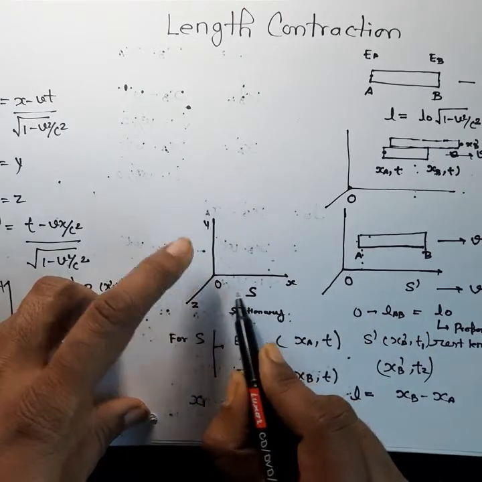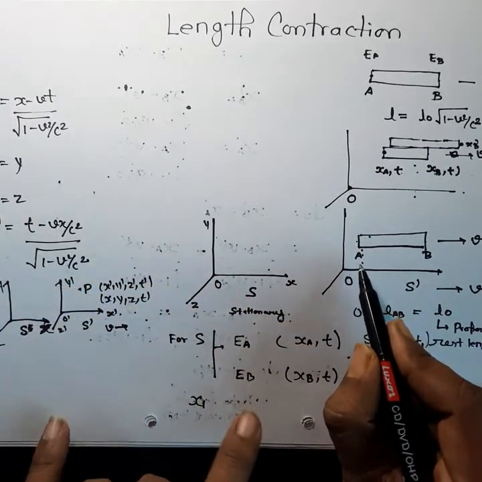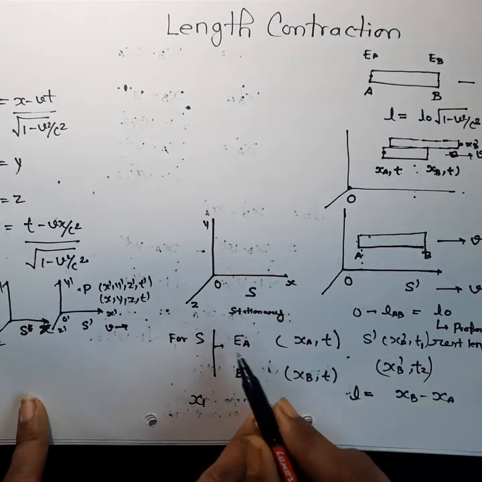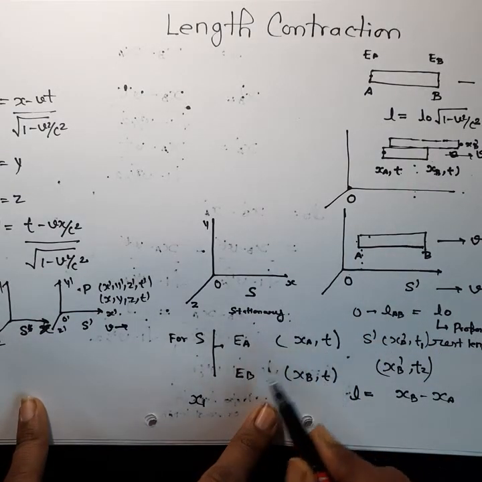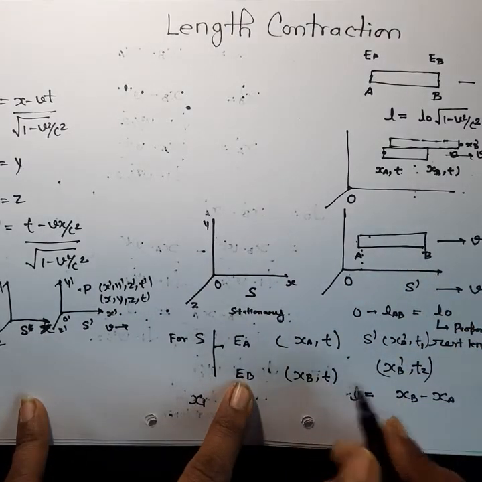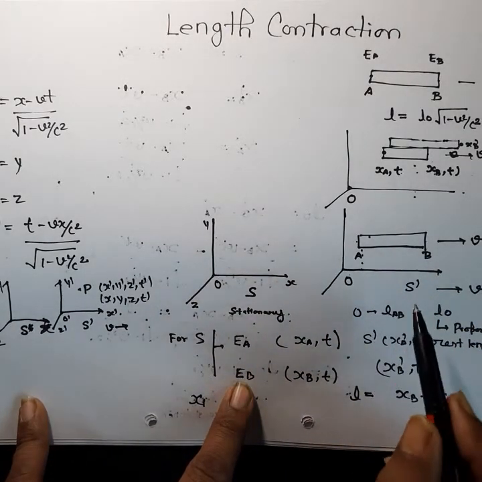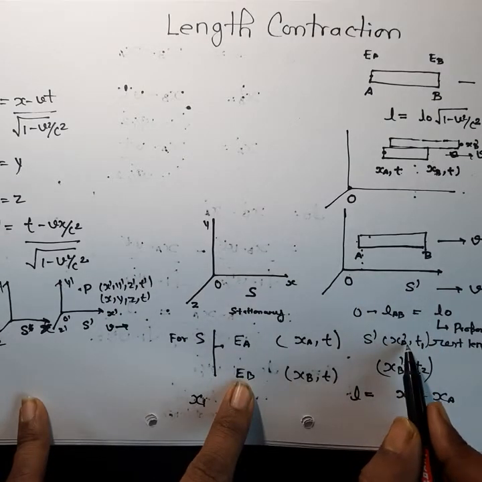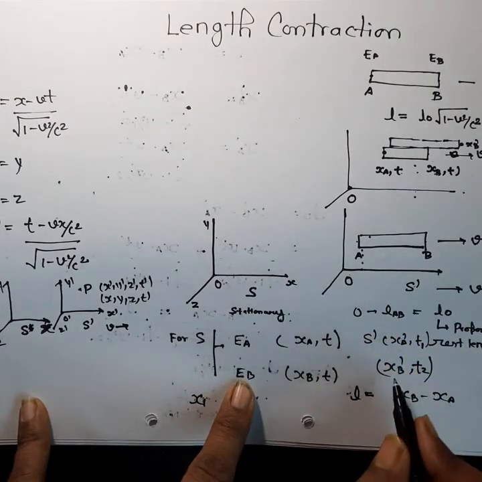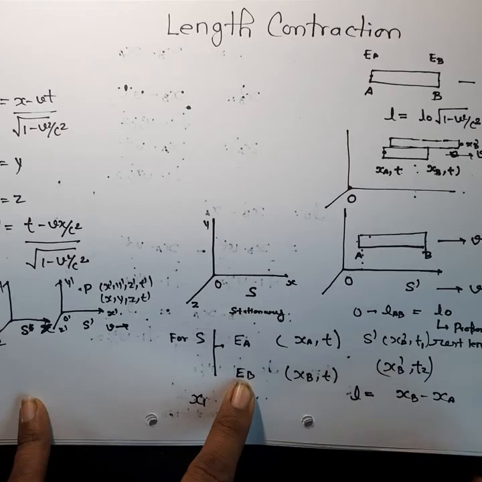So the observer O will measure the coordinates of these events as: event A at xa, t, and event B will happen at xb, t. But for the observer S dash, event A will happen at xa dash and at time t1, and event B will happen at xb dash and at time t2.